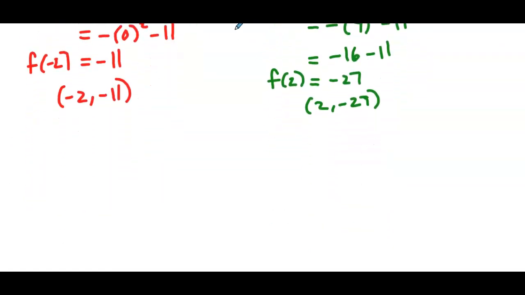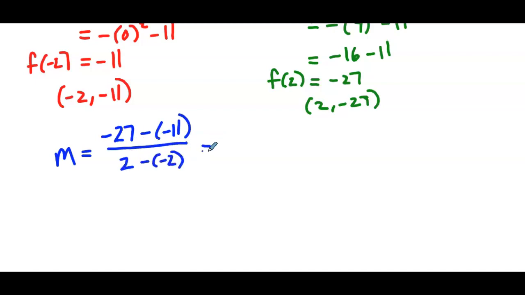Now, we have to find the slope between our 2 points. So the slope, which we use m, so we have -27 minus -11 over 2 minus -2.